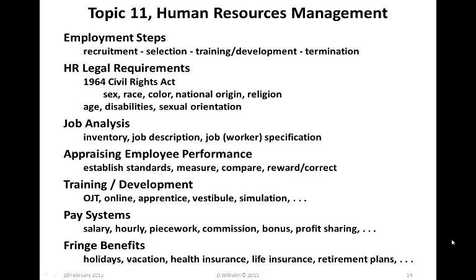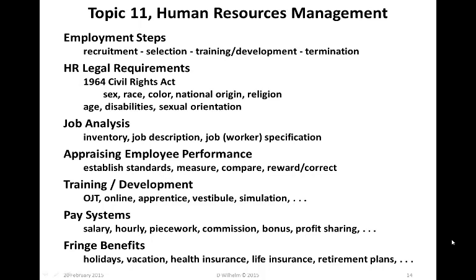Job analysis looks at the inventory. This is the inventory of people and their skills, both within the company and in the hiring area. If there are fewer people than needed, then we hire more. If there are more people than needed, then we need to reduce the number of employees somehow.